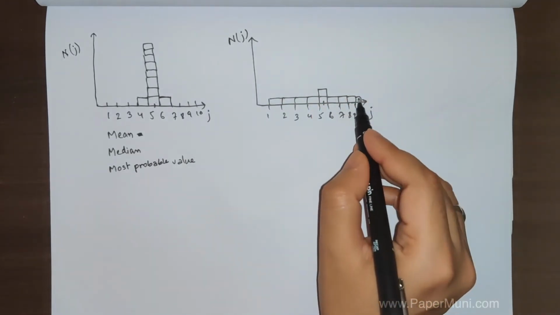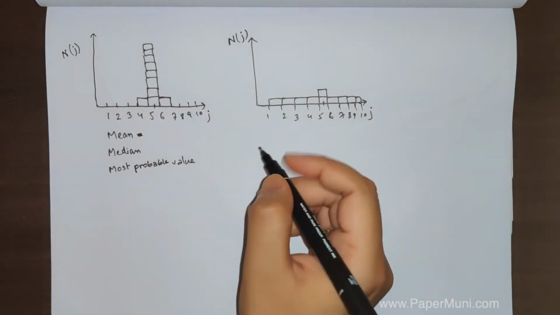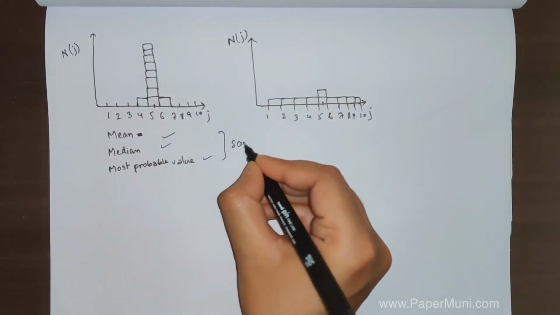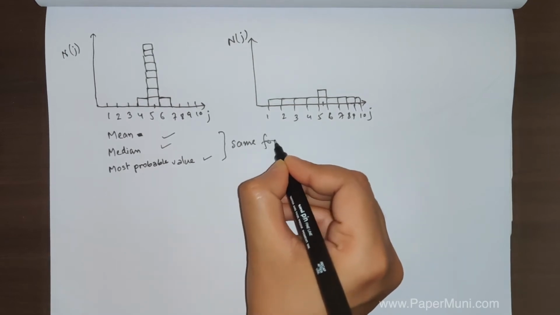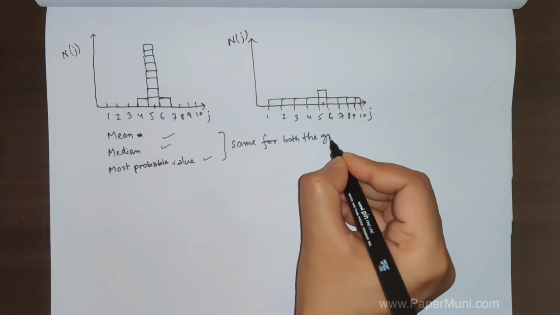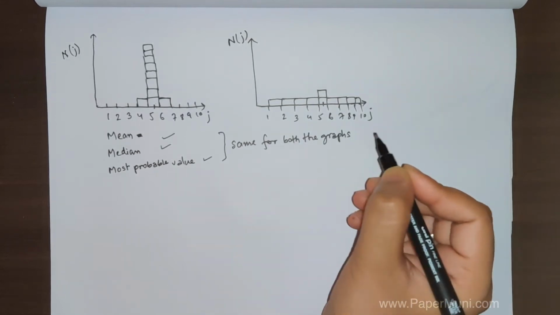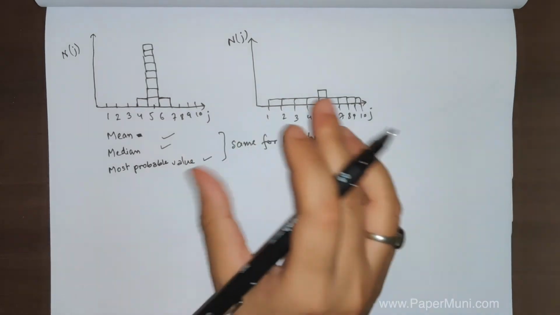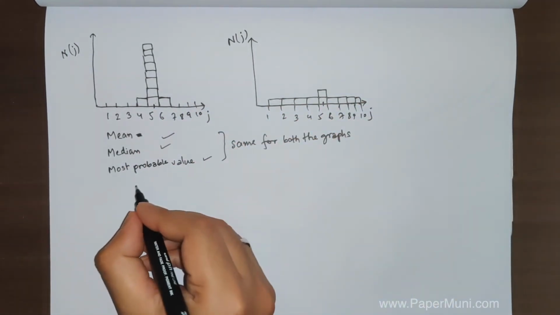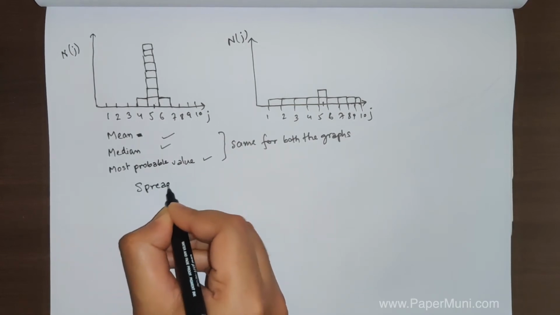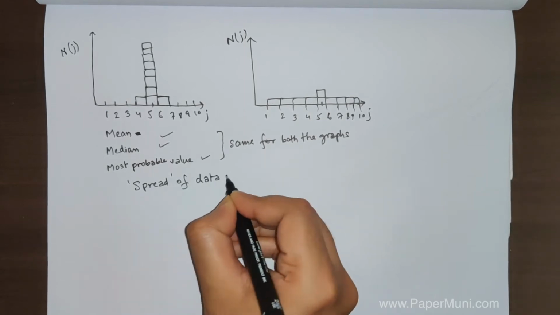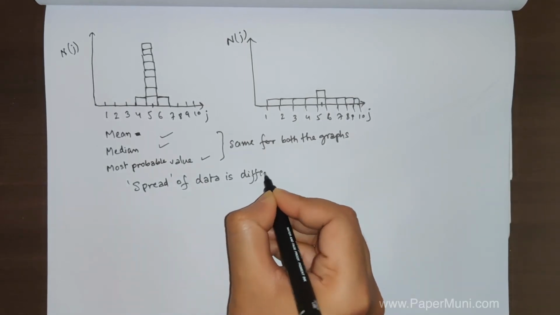So all these values are the same for both the graphs, but when we look at it, it looks different because the spread of data is different. So how do we measure this spread?